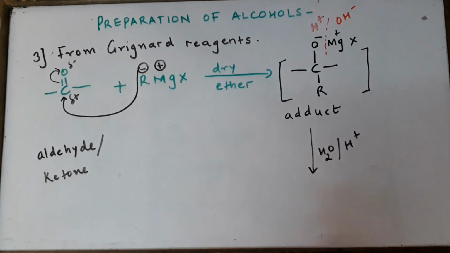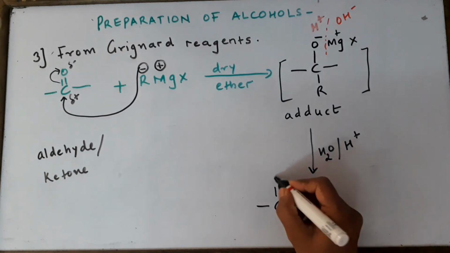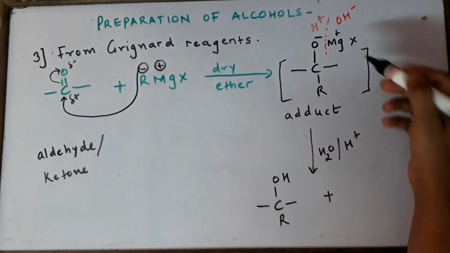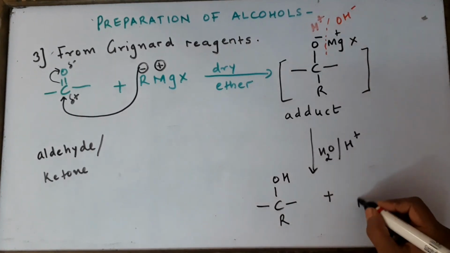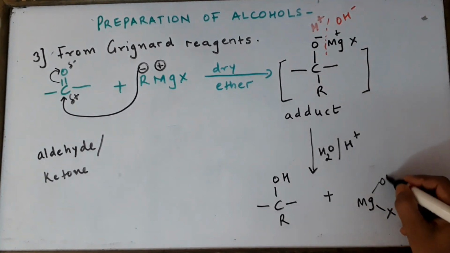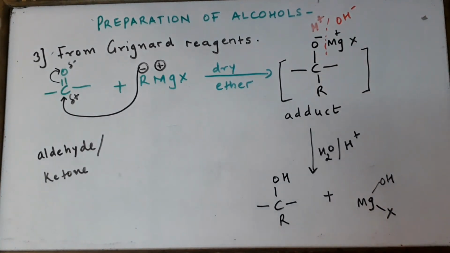The product which we will get here is C-OH-R, plus the byproduct, as you can see, MgX, and OH is attached to it. So this is the way we are going to show the reaction.